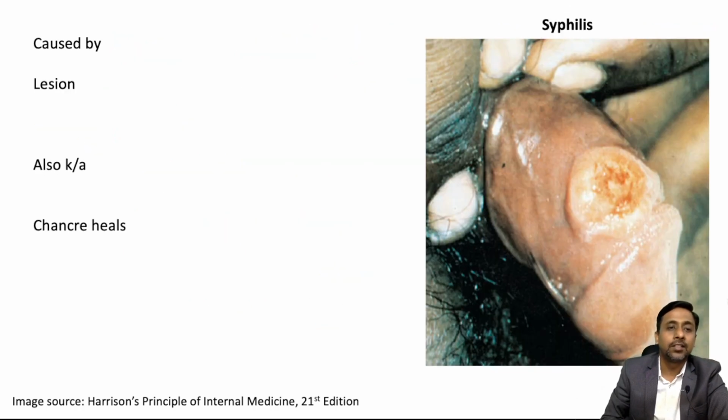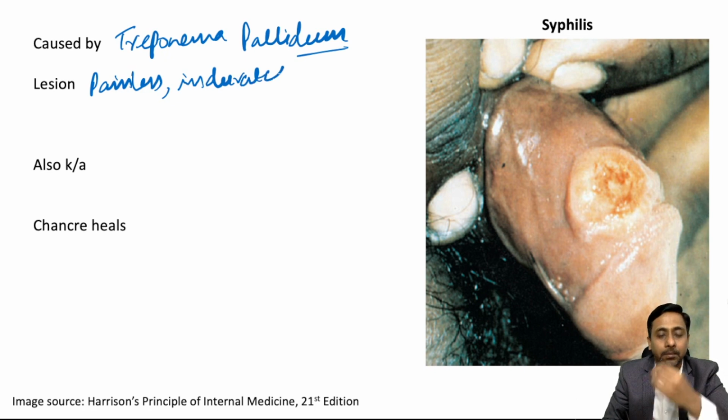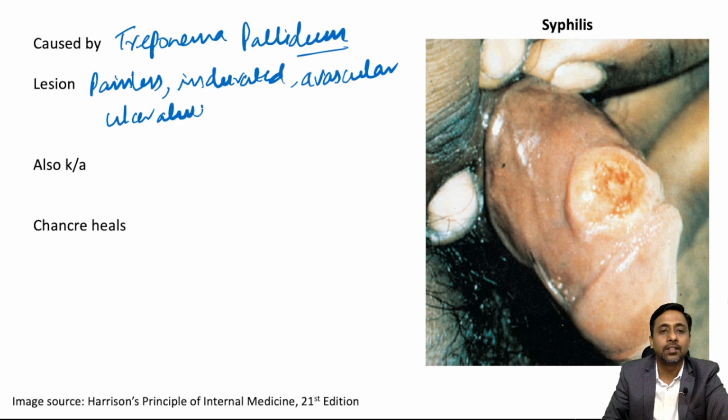The syphilis, it is caused by a spirochete known as Treponema pallidum, and the lesion in this is painless, circumscribed, indurated, avascular or non-vascular, ulcerative lesion.